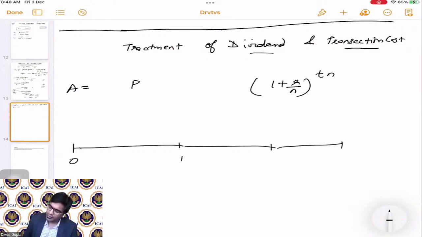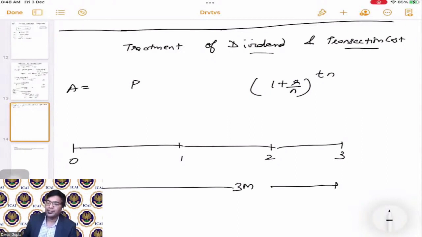So this is 0, 1 month, 2 month, 3 months. Okay. So what is happening is that we are talking about a futures having a 3 month expiry, correct? And we have a present value today. We have to calculate a future value, which is A. A is what we have to calculate, correct?